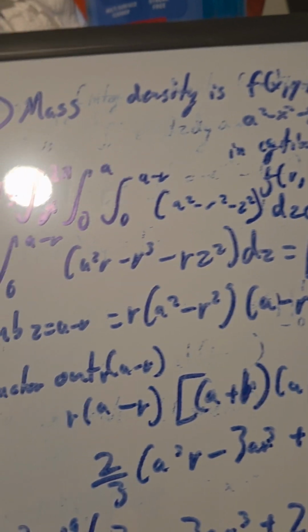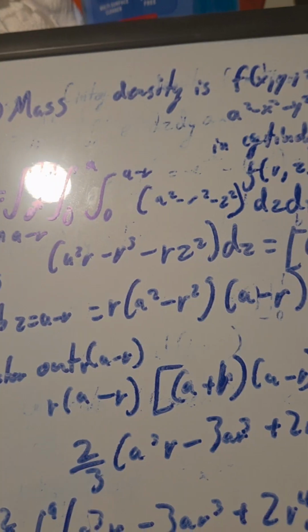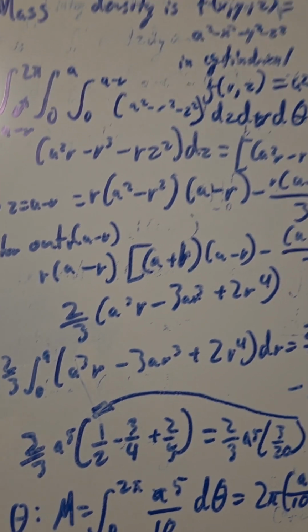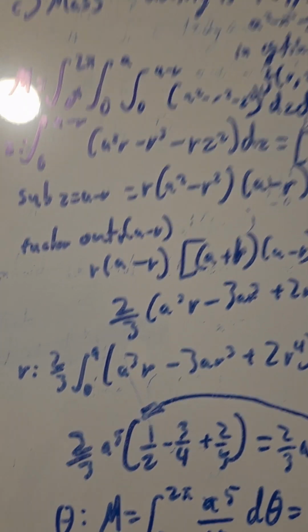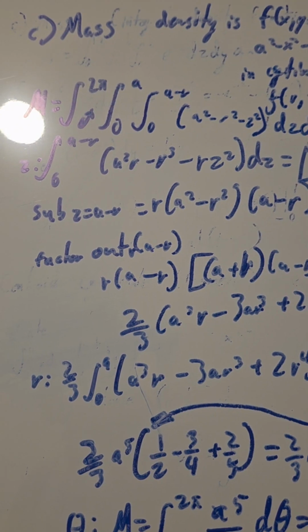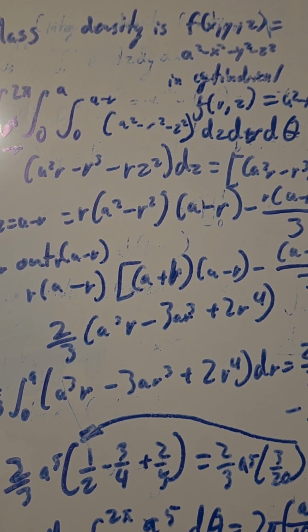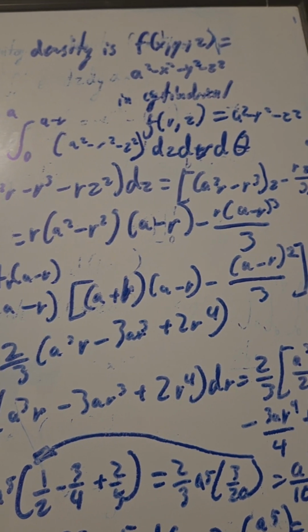And then you factor out an r times (a minus r) to simplify the algebra, which is what I did right there. And then you get, it was a massive algebraic expansion, so I really just simplified it to 2/3 times a cubed times r minus 3ar cubed plus 2r to the 4th power.